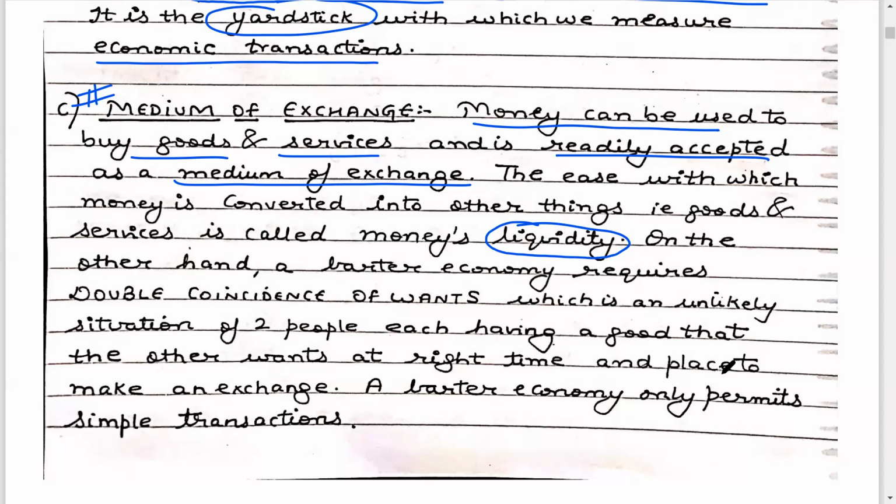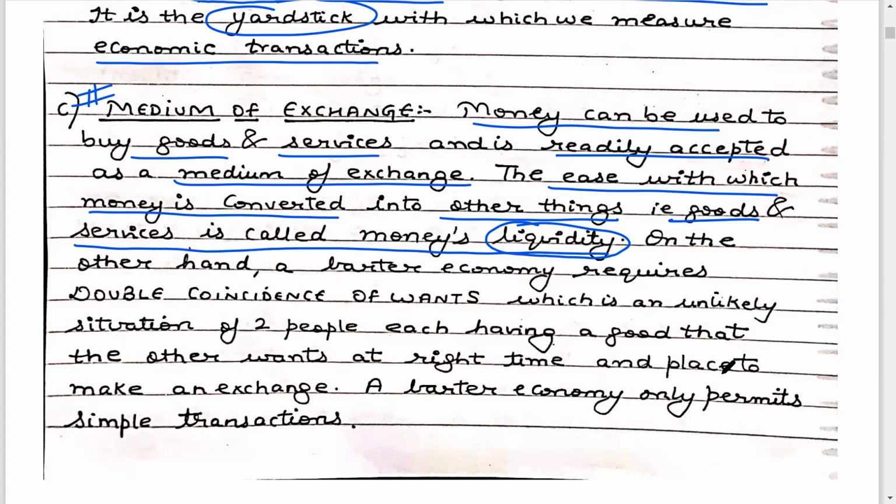So all of us know that money is the most liquid asset. You can easily convert money into goods and services. You have money today, you can go to the market, pay money and buy goods and services. So money can be converted into other things very easily. The ease with which money is converted into other things, that is goods and services, is called the liquidity of money.